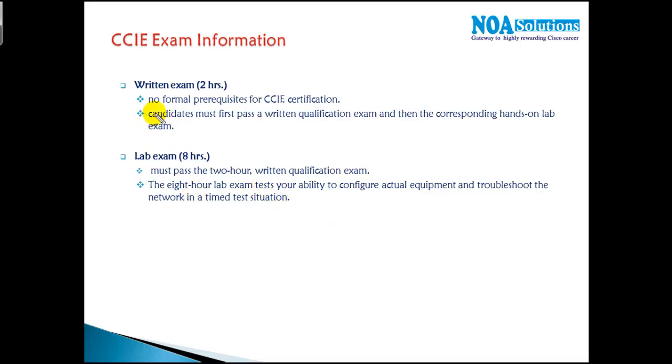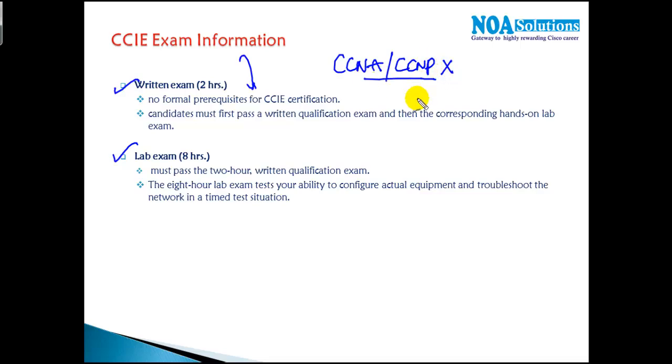If you want to go for CCIE, you need to pass two mandatory exams. The first one is the written exam, which is a prerequisite exam for your CCIE lab. So the first thing, you have to go for the written exam, and there is no formal prerequisite for the CCIE written exam, which means it is not mandatory that you should be CCNA or CCNP certified.